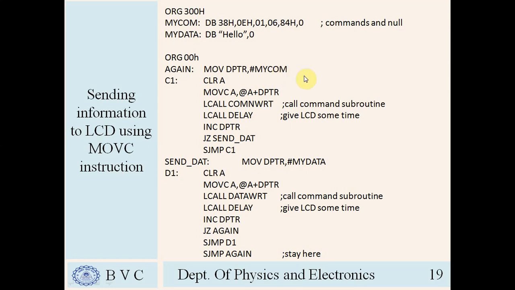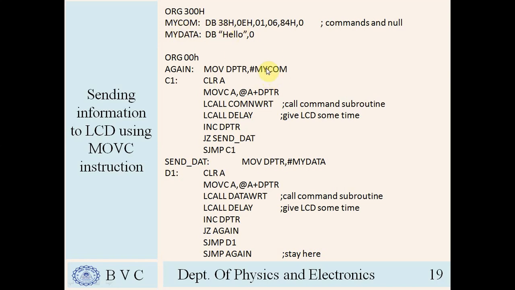Similarly, I want to display hello on the LCD screen, so I placed this hello string in one particular memory location onwards. So this is the main program. The slight modification in the previous program is that we are using MOV DPTR. The data pointer is initialized with this starting address, so it is referring to this starting location.